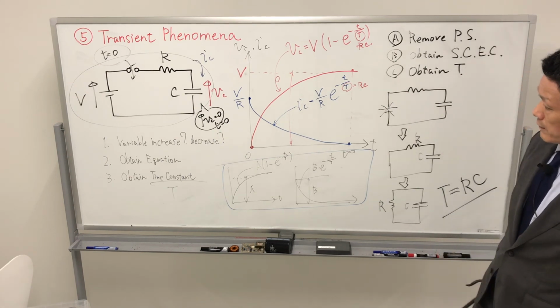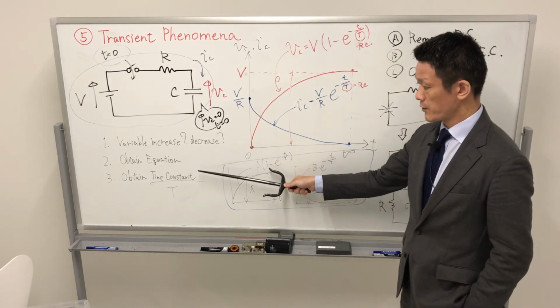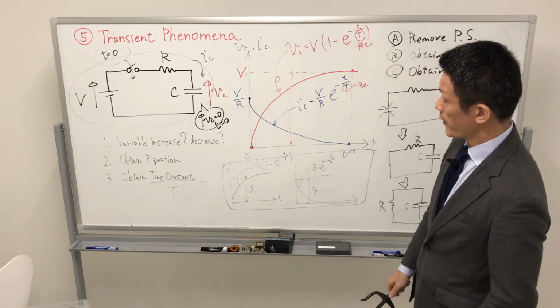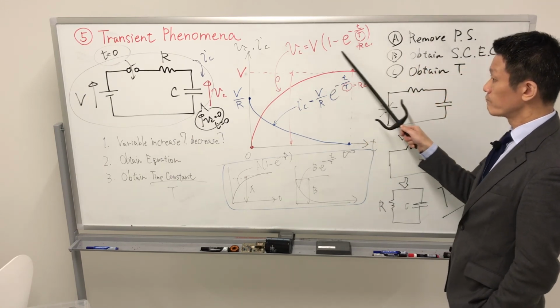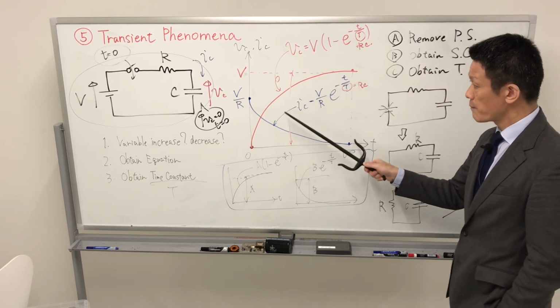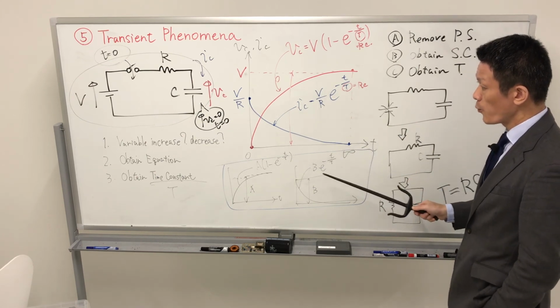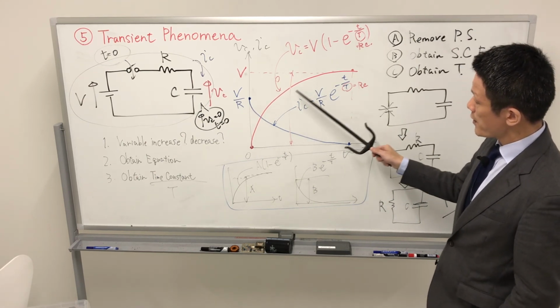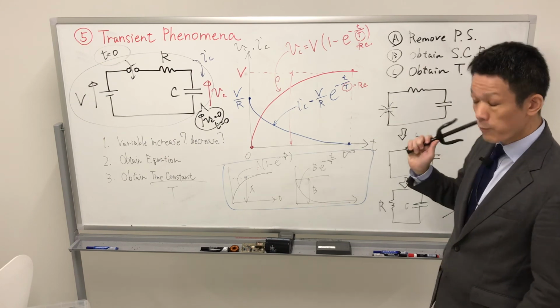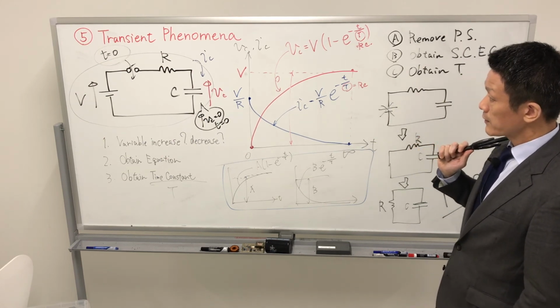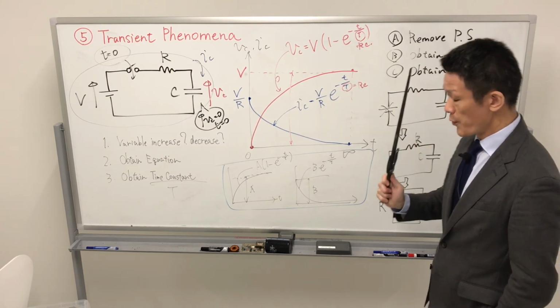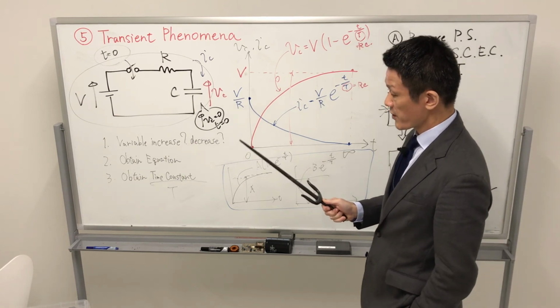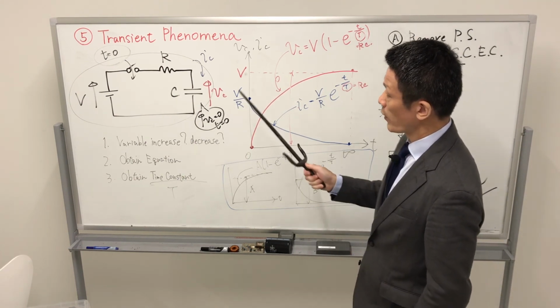Finally, using these three steps, we can obtain the equation for each variable, and we can obtain the shape of this waveform. That is transient phenomena without using the differential equation.